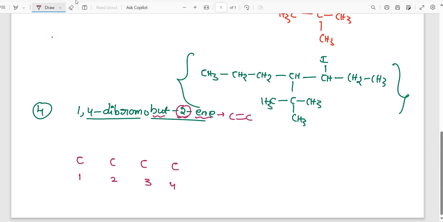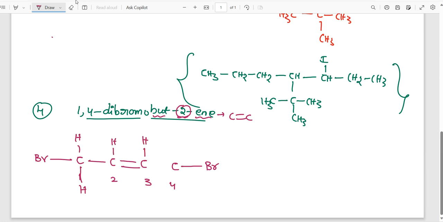We observe that at the second position, the carbon has the double bond. At the first and fourth positions, bromine is present. Here is the fourth position, here is the first position, where the bromines are present. The remaining valency will be satisfied by hydrogens. Here one hydrogen, one, two, three. Here is another hydrogen. Here one hydrogen, one, two, three, four.